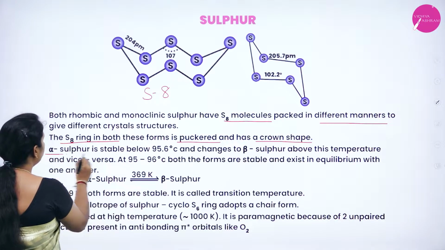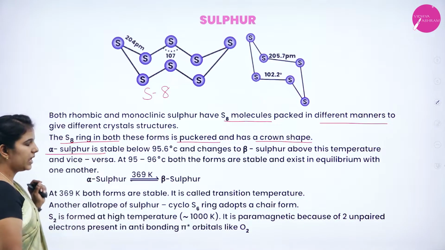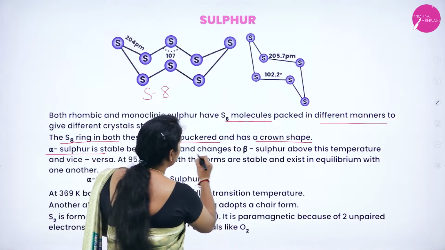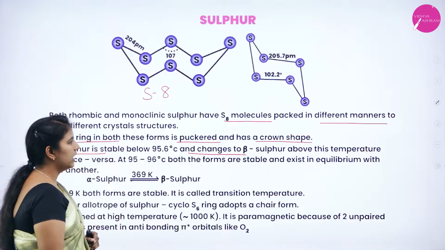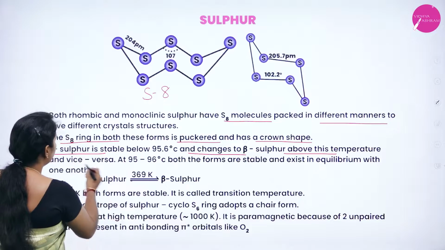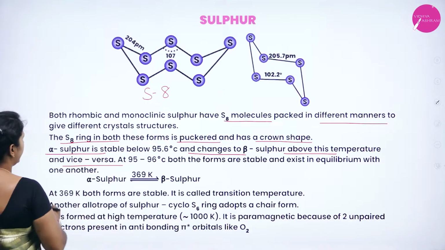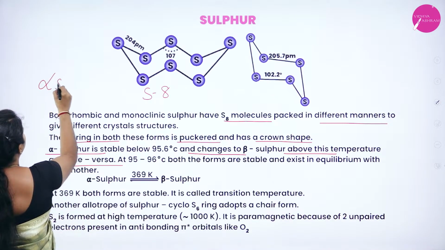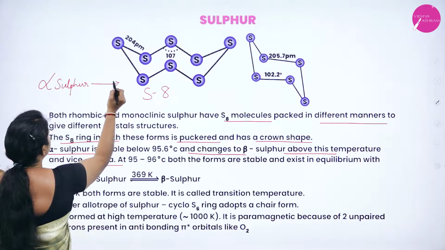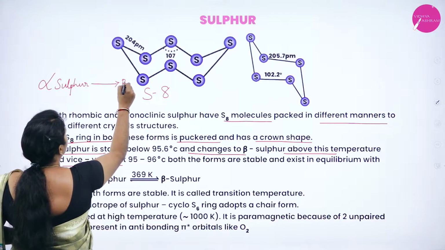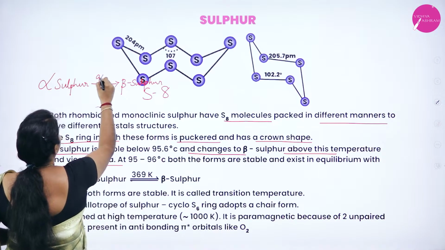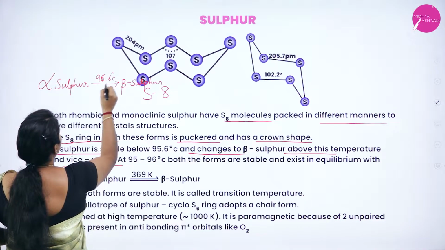The alpha form of sulfur is stable up to 95.6 degrees and changes to beta sulfur above this temperature, and vice versa. Or you can write that alpha sulfur changes into beta sulfur above 95.6 degrees.